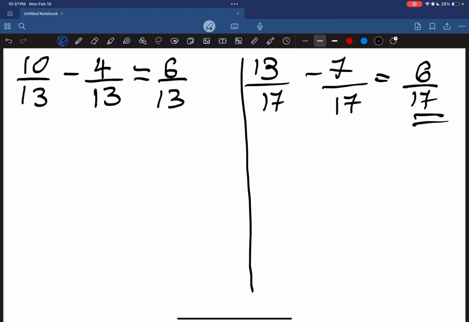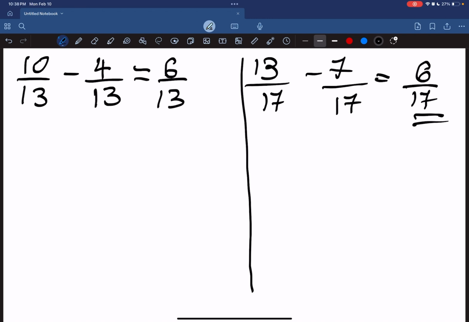Once the denominators of both fractions are the same, all we need to do is keep it and just subtract or add the numerator. And this is only for addition and subtraction. A common thing that persons do is mix up addition and subtraction rules with multiplying and dividing rules. Please try to understand the rules and know when to use them.